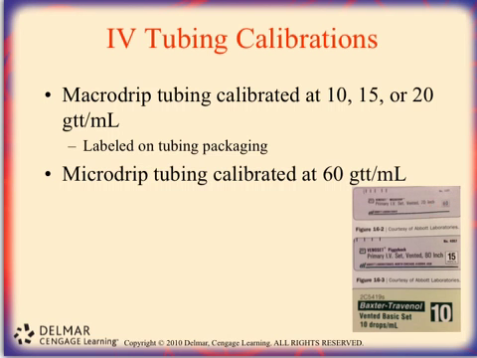The bottom two are macro drip tubing, calibrated at 10 and 15, and there's also another one at 20. Those are the typical macro drip tubing calibrations, and then your micro drip tubing is always 60 drops per milliliter.